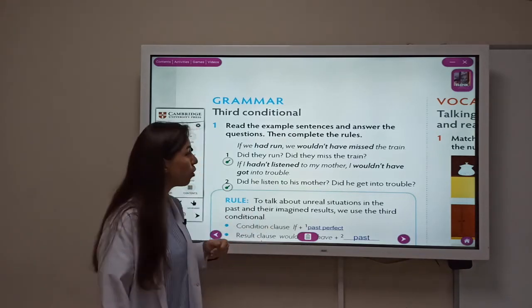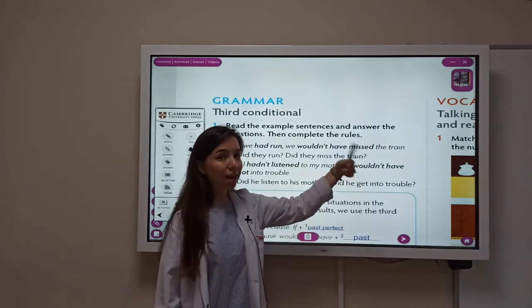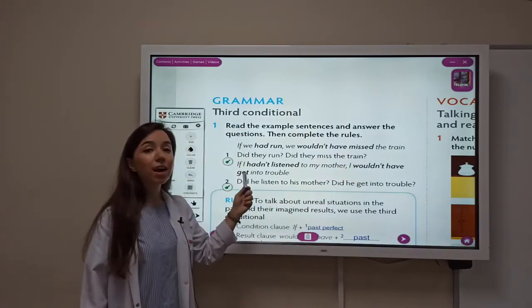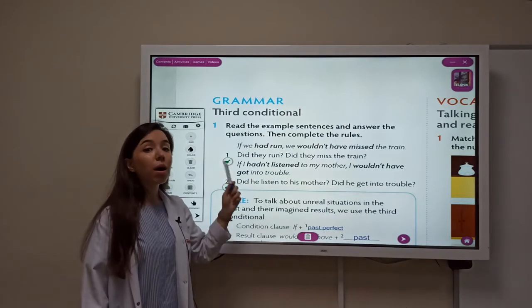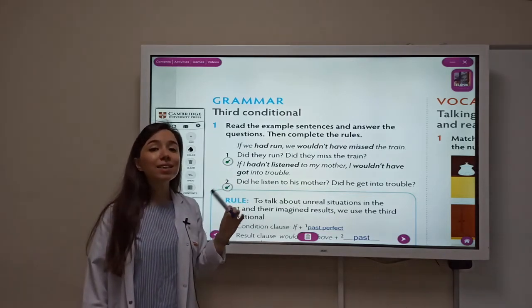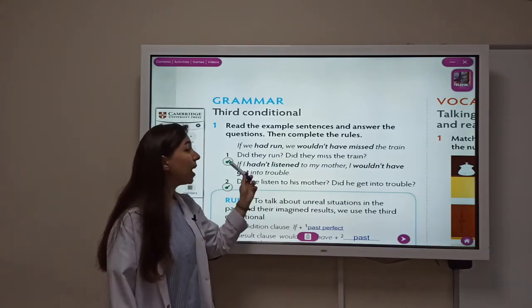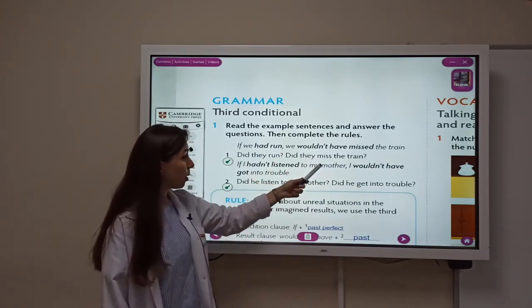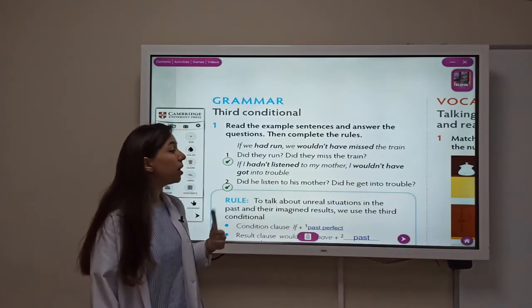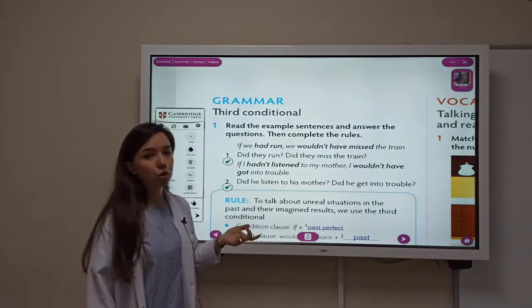I wouldn't have, would plus not plus have for negative, and got here. Again, past participle form of the verb. You know that got and gotten we can use. Did he listen to his mother? No, because it said that if I hadn't listened to my mother, I wouldn't have got into trouble. So he didn't listen. Did he get into trouble? Of course, he got into trouble.